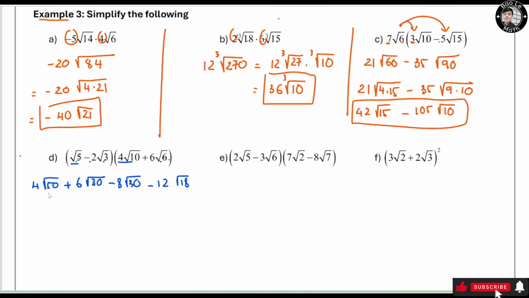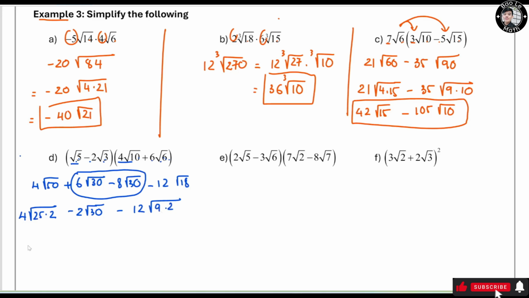Now, root 50 can be written as 25 times 2. So it can be 4 root 25 times 2, right? Now we cannot simplify root 30, right? So we combine these two guys right here because they are like terms, right? It can be negative 2 root 30, right? Minus 12. Root 18 can be written as 9 times 2, right?